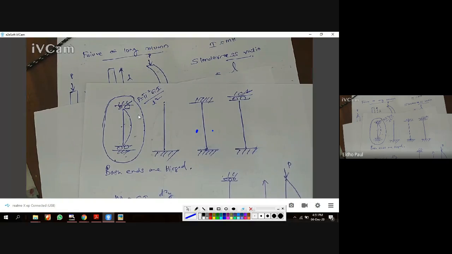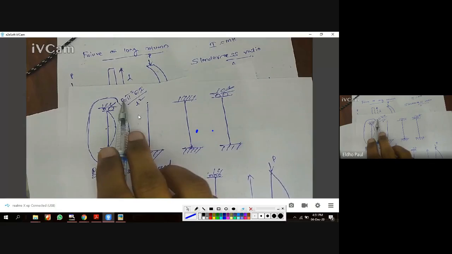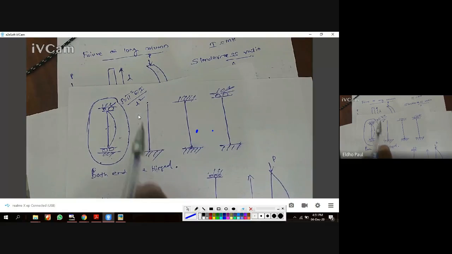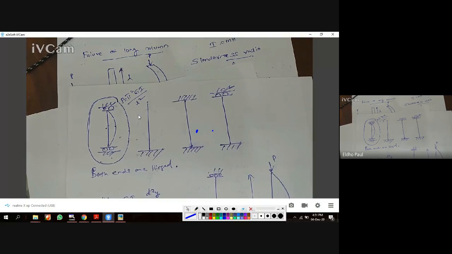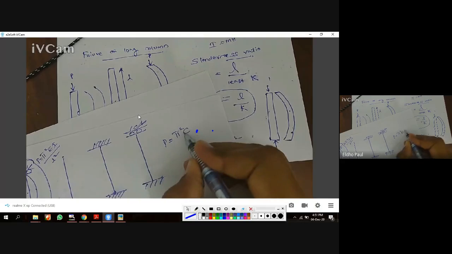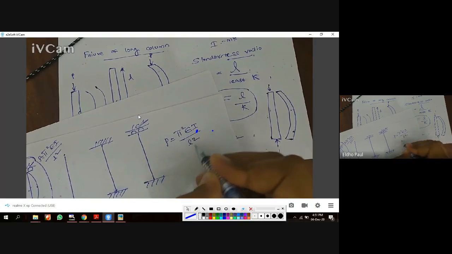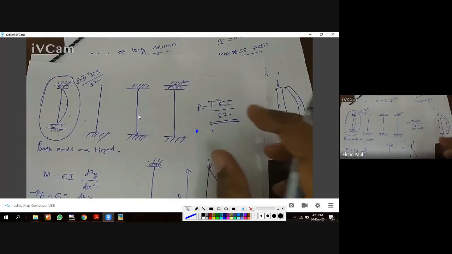So this is the limiting value of P. We cannot cross this value. So that is the value of the buckling load.